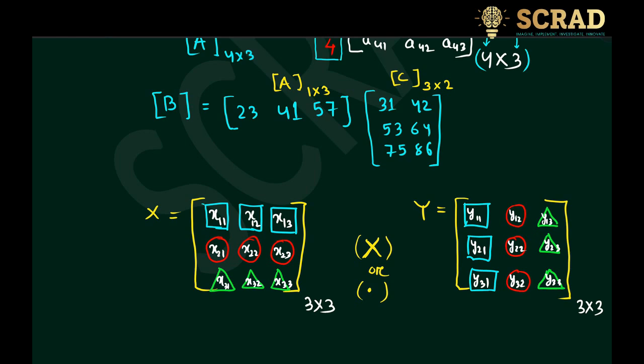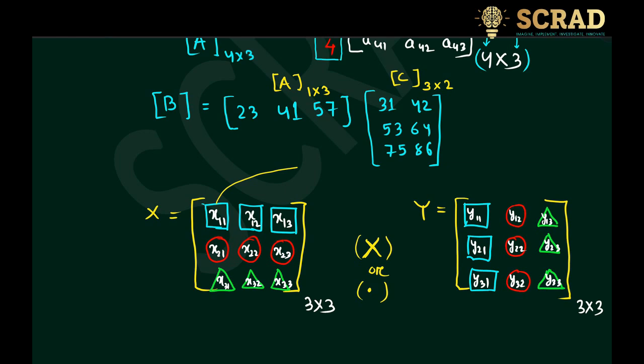These are the elements of the two matrices X and Y, and our job is to perform matrix multiplication of these two matrices, right? We take the first row of the first matrix with the first column of the second matrix.